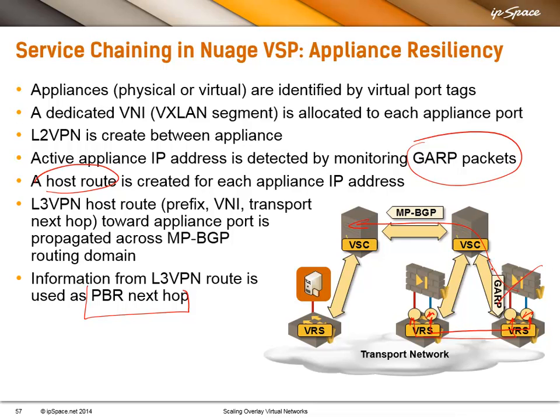When this appliance goes down and this appliance sends a gratuitous ARP, the host route information is changed and propagated through BGP across the different availability zones, and all the entries in the affected VRSs are corrected to the new next hop, so that this VM continues sending the packet through the now active appliance.